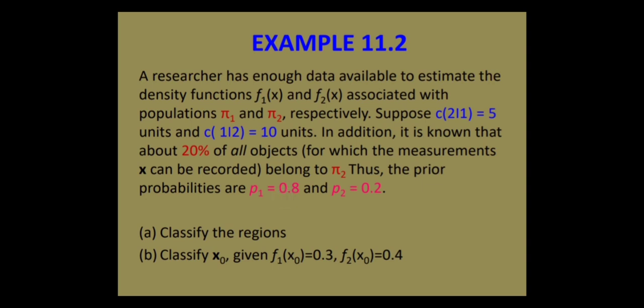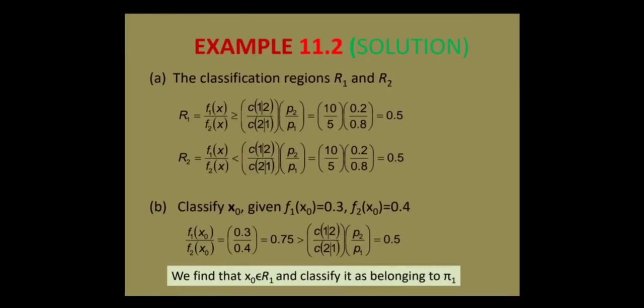So now we want to classify the region. We want to know region 1 macam mana, dekat mana, region 2 dekat mana. So we use the formula tadi. Okay, this classification region formula tadi. So because we have the cost of misclassification, we have also the prior probability.